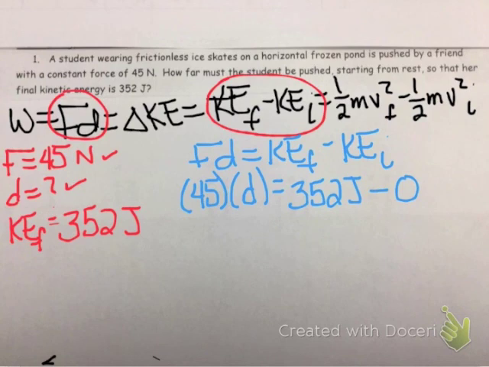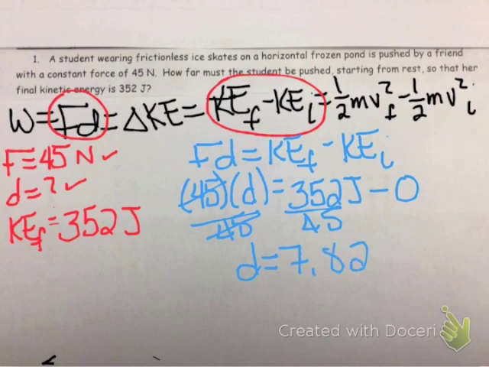We divide both sides by 45, which makes it go away. When you divide 352 by 45, you end up with an answer of 7.82 meters, because that's our distance. I realize this looks really big, long, and complicated, but it's actually pretty easy cheesy if you just pick out the parts you need. And remember, your parts are always between the equal signs.